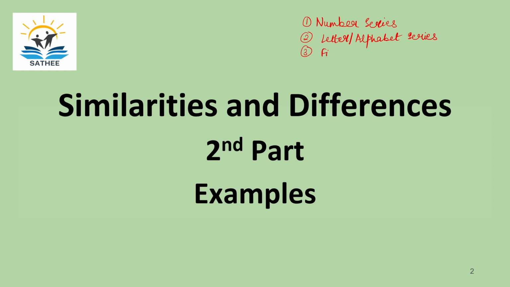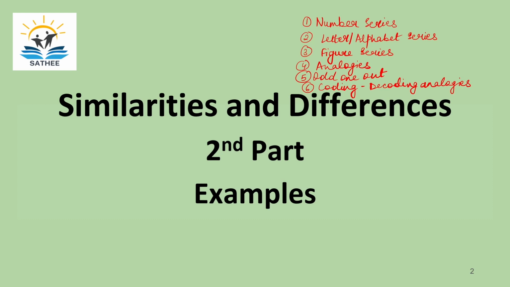Then we also discussed figure series similarities. Then there was another type called analogies. Then we discussed odd one out. And lastly, we discussed coding decoding analogies. So these are the 6 types of questions that can be formed from similarities and differences.